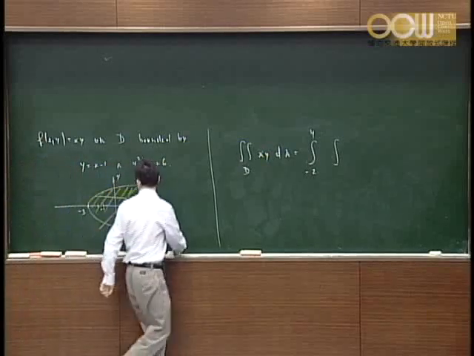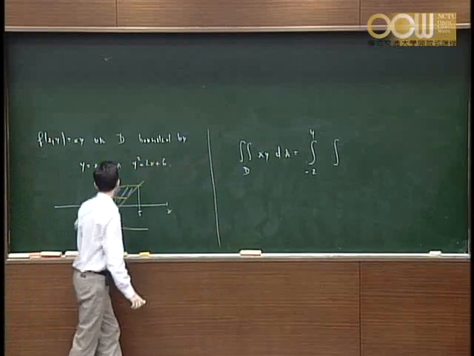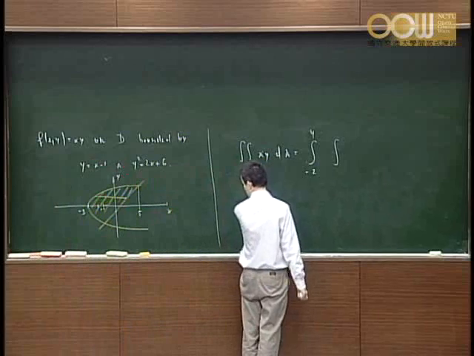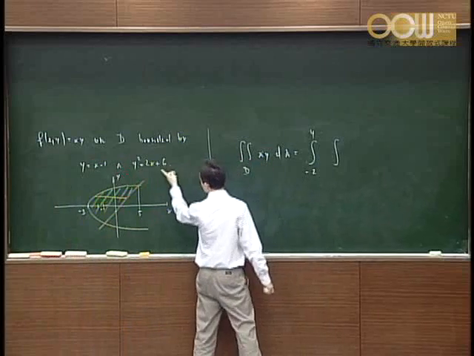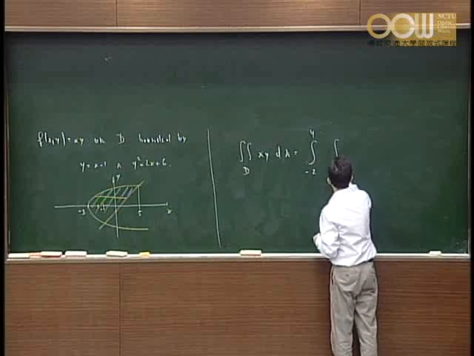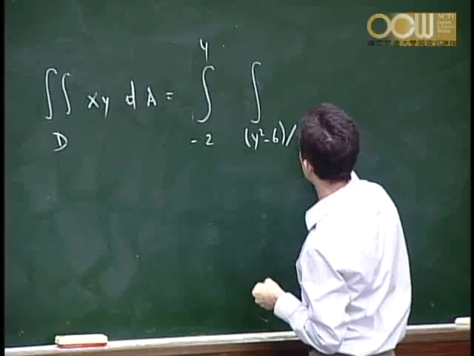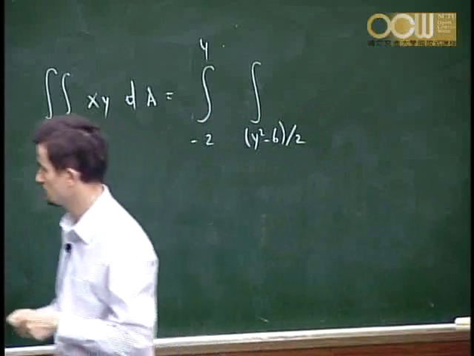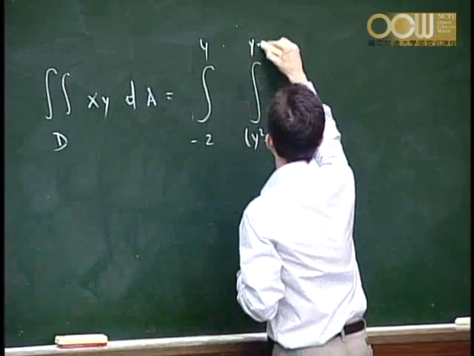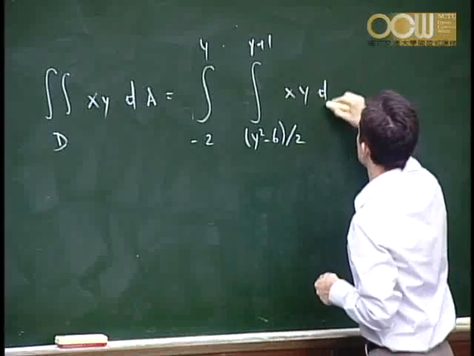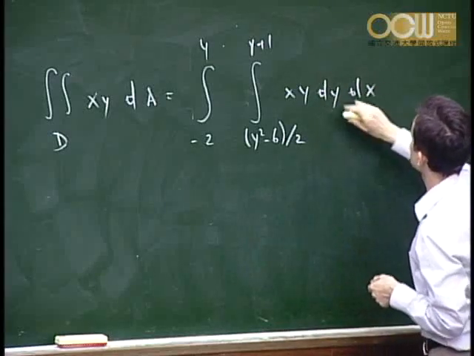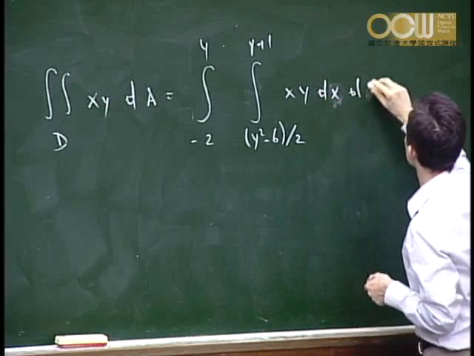And now we have to integrate from the parabola up to the line. So we integrate first with respect to x, so we have to solve this for x. So we have from y squared minus 6 over 2 going up to y plus 1, and then x y dx dy.